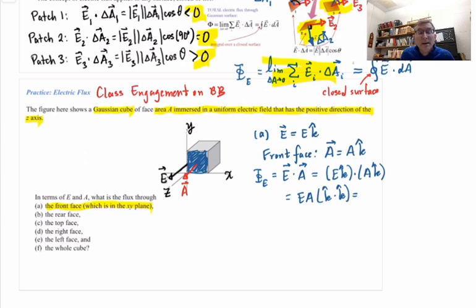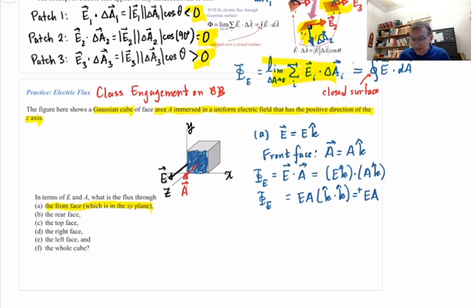Any unit vector dotted into itself gives 1. So this is just positive E times A. That's the expression for the electric flux through that front face. That would be the answer for part A.